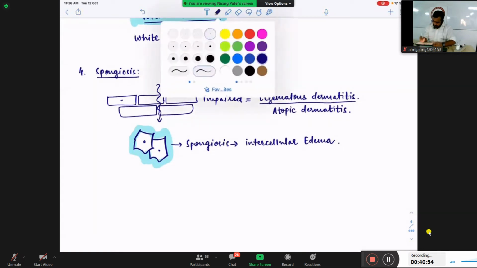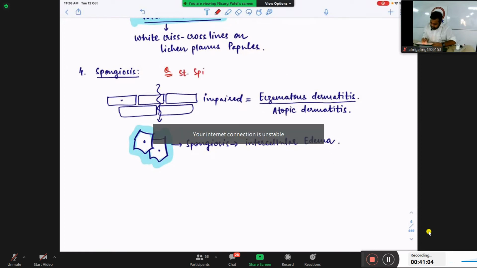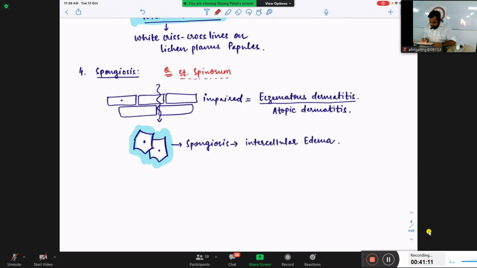So the MCQ was asked, which layer is mostly affected? Answer will be the stratum spinosum is most commonly affected.